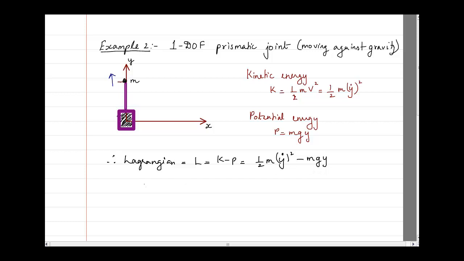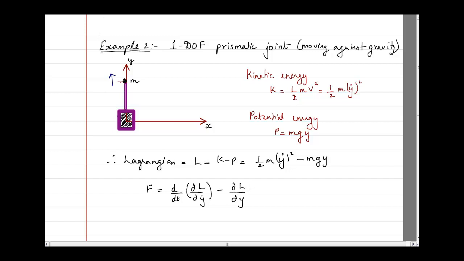Okay, and now we know that force in Lagrangian is basically given by d by dt of dou by dou y dot of capital L minus dou by dou y of capital L, which is the Lagrangian.